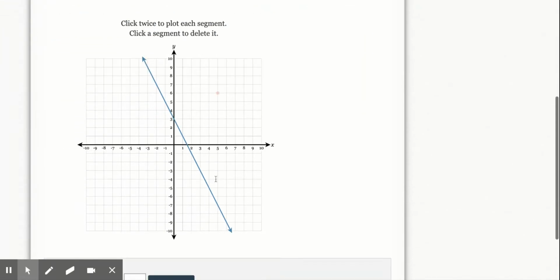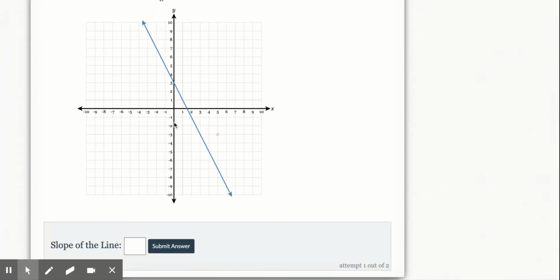Now look at this line. When we look from left to right, this line is going down. So before we do anything, I'm not going up, I'm going down, which means I'm going up a negative. So I'm going to write a negative in my answer here because I know I'm going to have a negative slope if this line goes down. And I'm going to do the same thing.